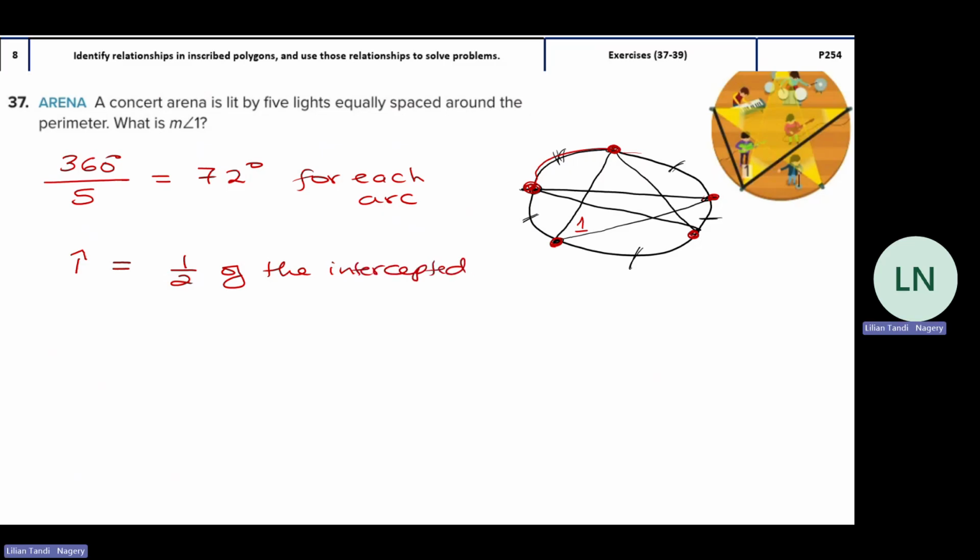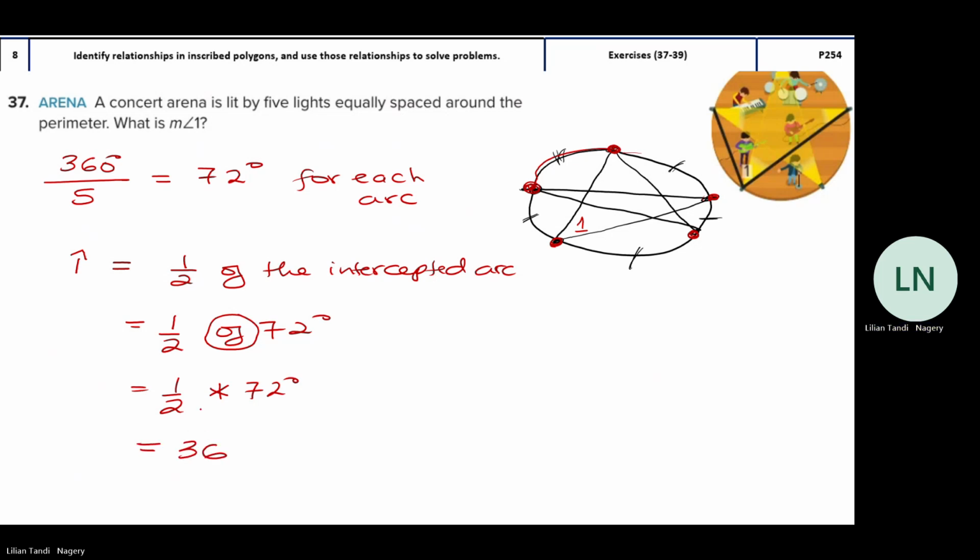So this is half of 72 degrees. Of in math means to multiply. So half of 72 degrees is 36 degrees. That's the answer to angle 1. You box it.